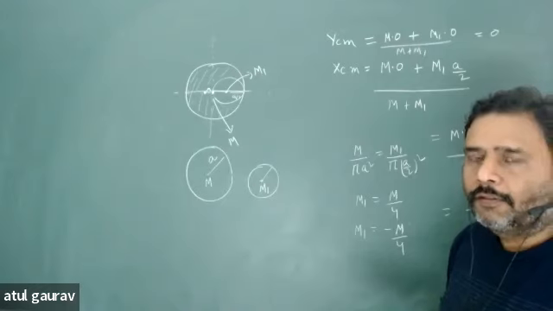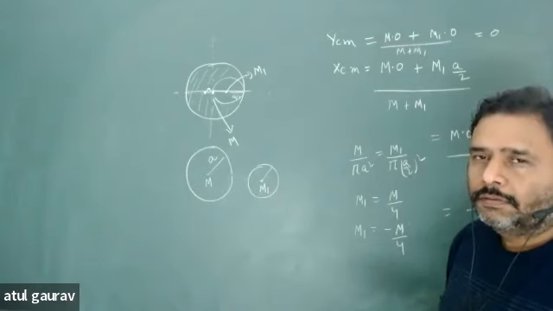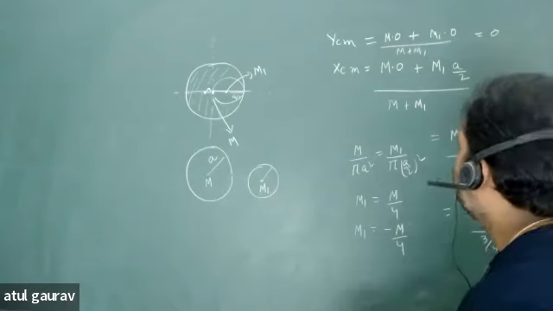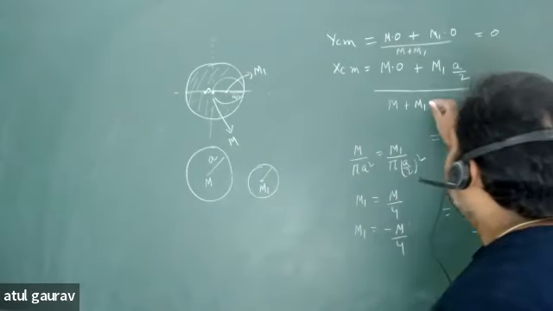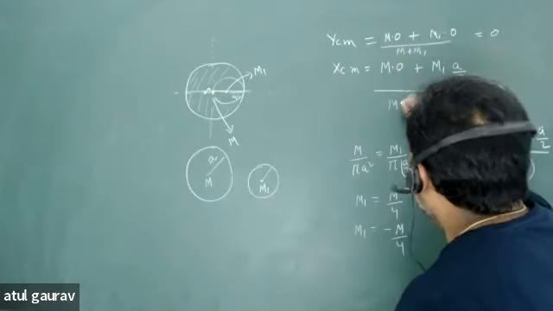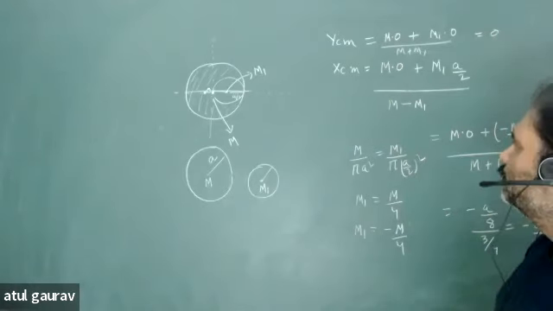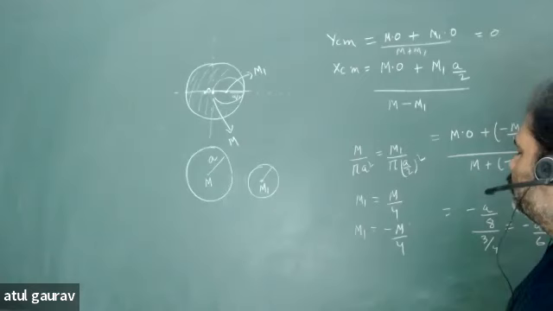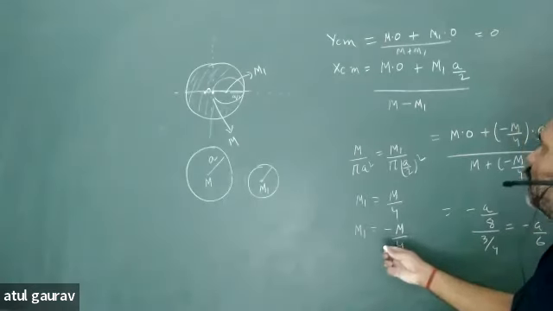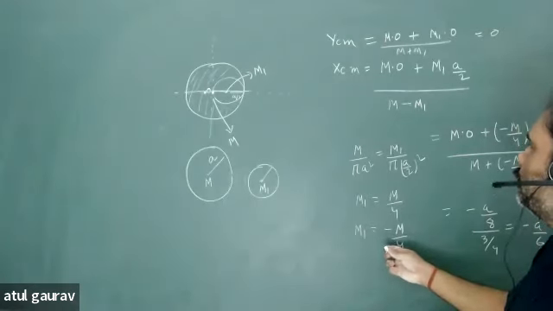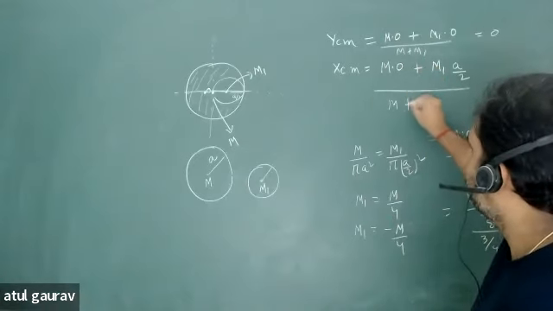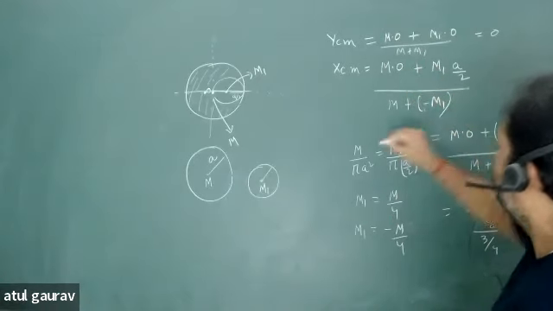Are you getting my point? What is this thing? Now you are comfortable? So I am writing the same thing. If I am going to write this thing as minus m1, then what will be the problem?